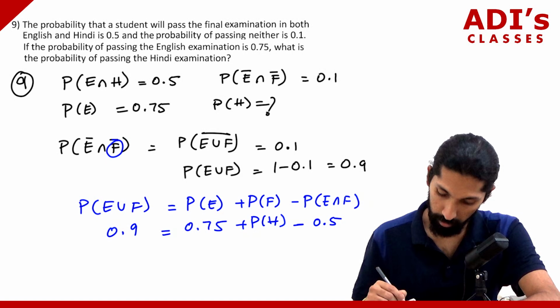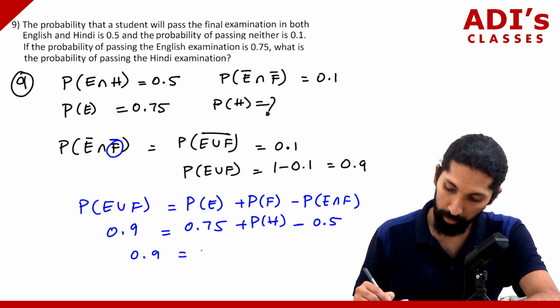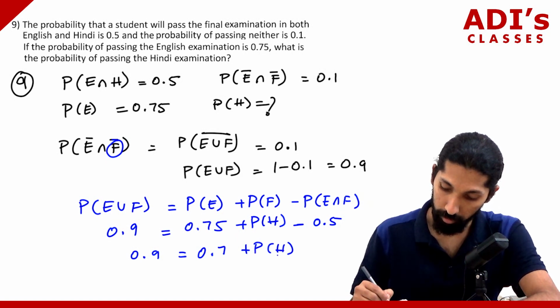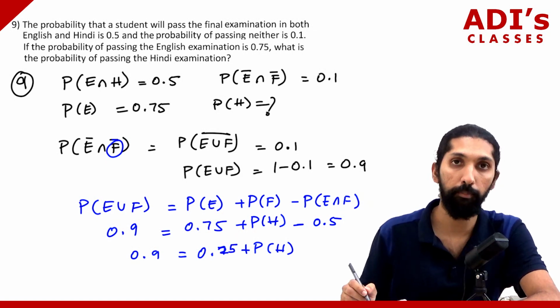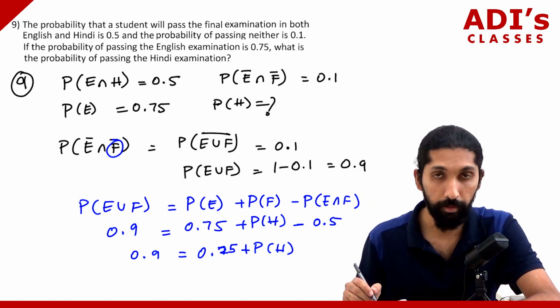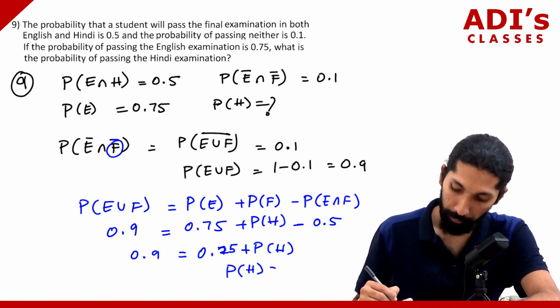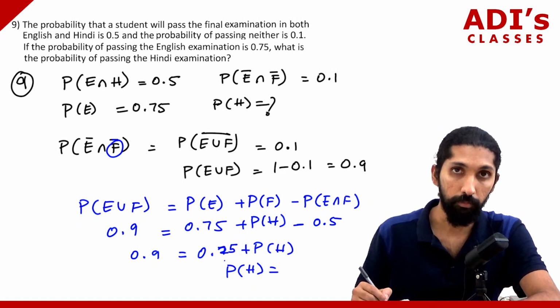So 0.9 is equal to 0.25 plus P of H, since 0.75 minus 0.5 is 0.25. So what is P of H? P of H is equal to 0.9 minus 0.25, isn't it?